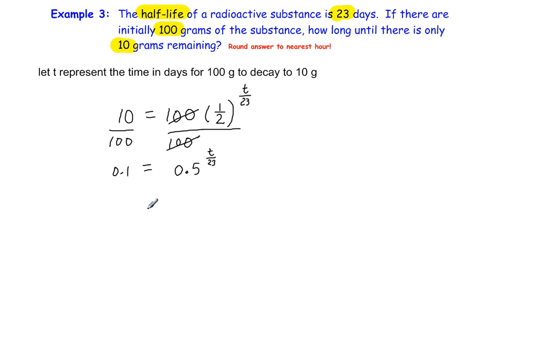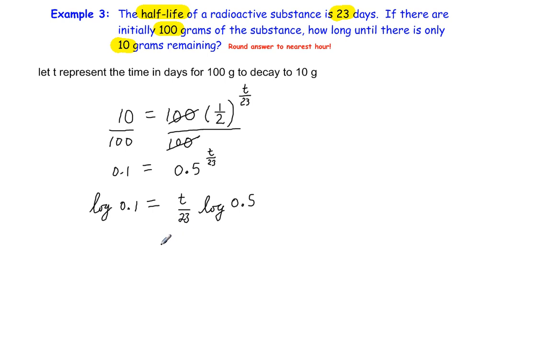So again, the power of logs is that we can take the log of both sides here to bring down that variable that's in the exponent, so we can deal with it. So taking the log of both sides of this equation allows the exponent to be written down in front now. So T over 23 times log of 0.5 on the right side.